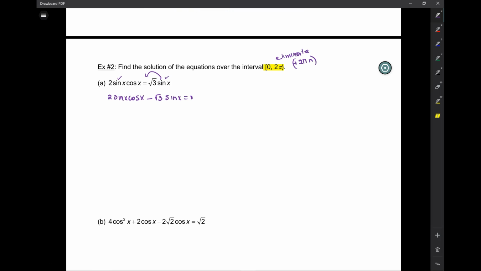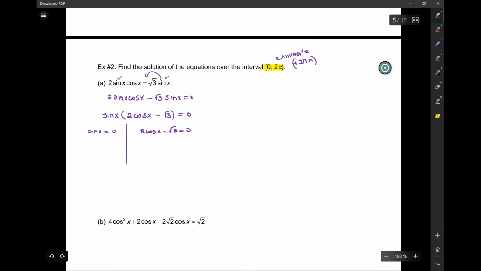Now we can factor out a sine x, and this becomes 2 cosine x minus root 3 is equal to 0. Now, when you have a term times another term equal to 0, you can split up your equation and do sine x equals 0, and 2 cosine x minus root 3 equals 0.